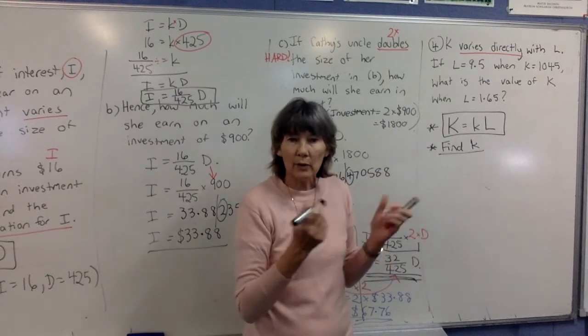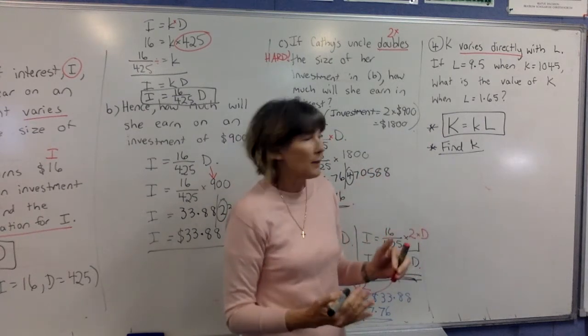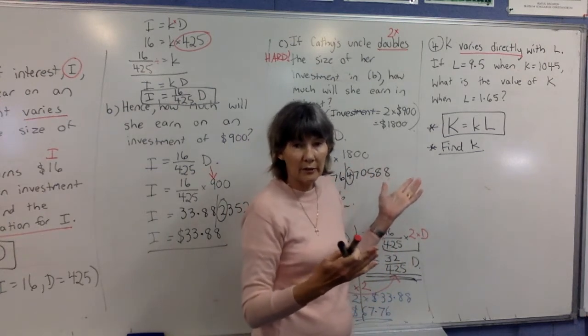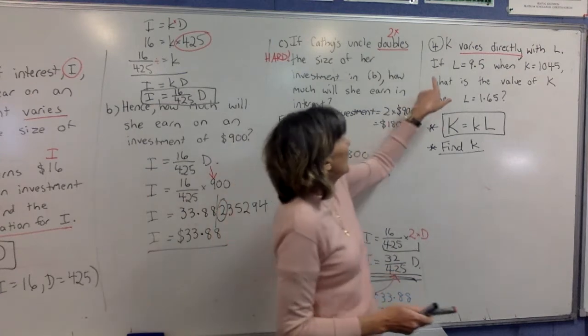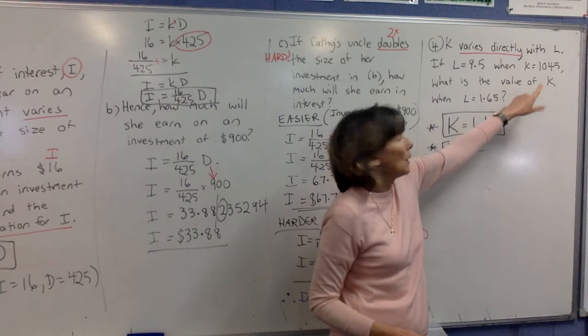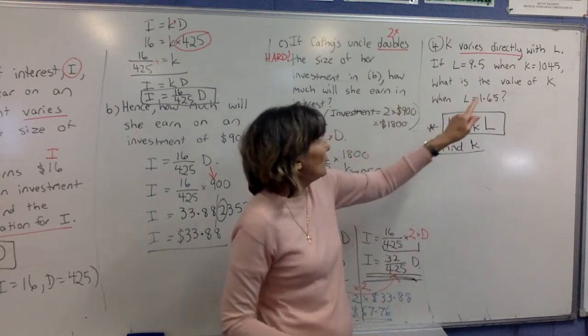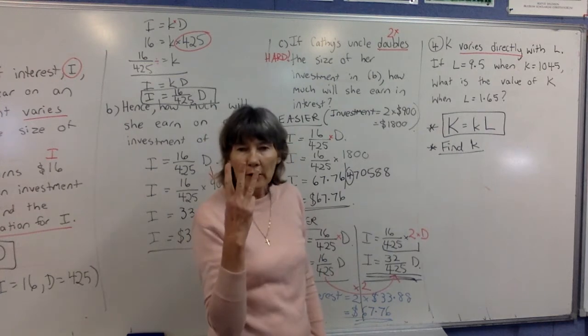So now we have to find a capital K value and an L value that go together. So let's read the rest of this and don't just go throwing numbers anywhere because you'll probably get it wrong. Okay, so it's got, if L equals 9.5 when K equals 1045, what is the value of K when L equals 1.65? Now there's three things thrown at you there.